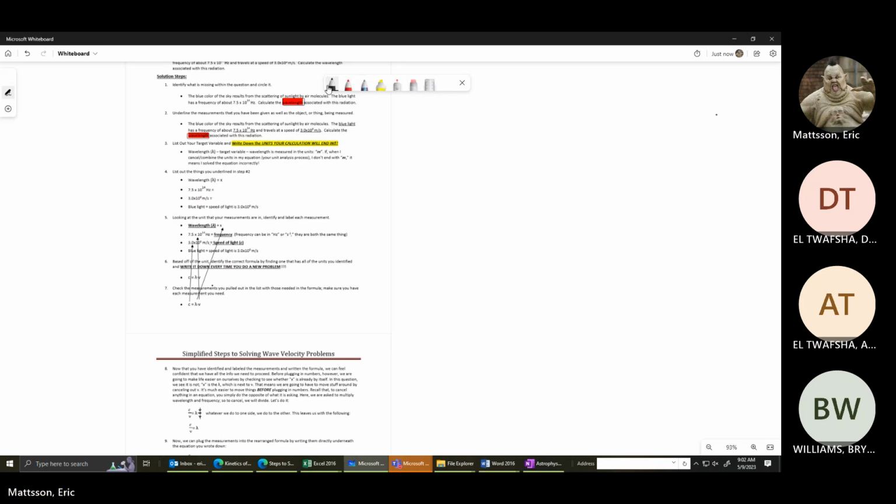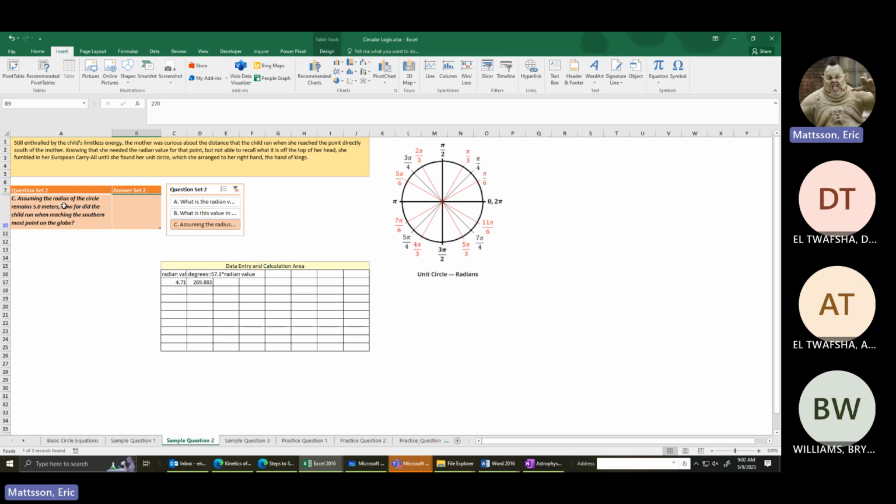So again, we'll go in here. We circle what's missing. So again, I'm not going to get in here and circle this, but we'd circle how far did the child run, and then we'd underline what we have. So we're given 5 meters, and we know that we have 2 different ways to express this angle between these 2 points.